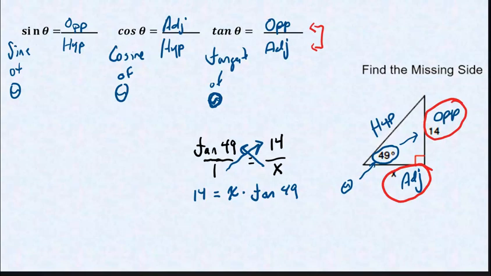And just like we would if we had 2x equals 14 and we have to divide by 2, we are going to divide tangent 49 out to both sides. Tangent 49 divided by tangent 49 is 1, just like anything divided by itself is 1.